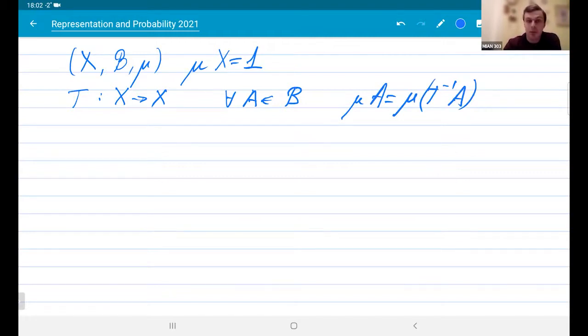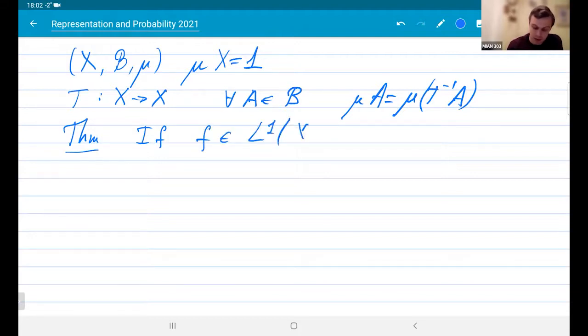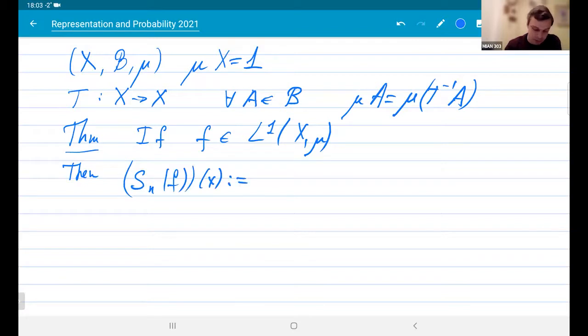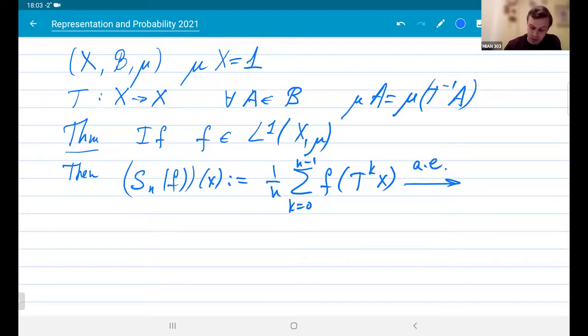And we have proven the following theorem. If the function f belongs to, say, L1 of X, mu, then its ergodic averages Sn of f, which is just the average of f along the first n points of our orbit, converge almost everywhere and in L1 to some function f bar of x, and there are several other statements here.